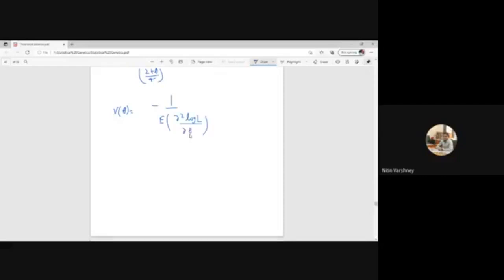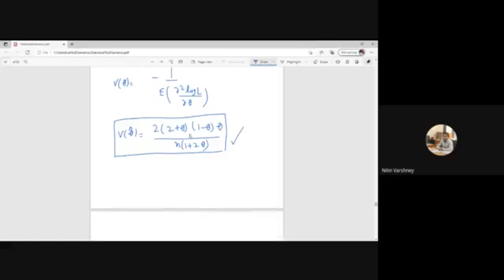After all the simplification and calculations, we will get the variance of theta in case of this maximum likelihood estimator as (2 plus theta)(1 minus theta) theta upon n(1 plus 2 theta). So this will be the formula of variance in case of F2 family.